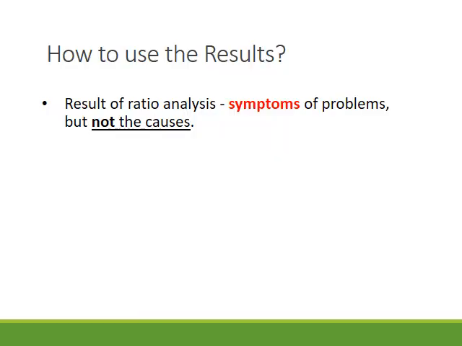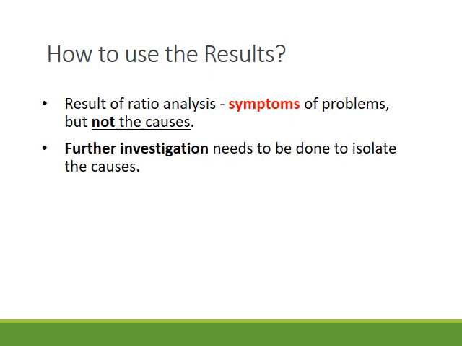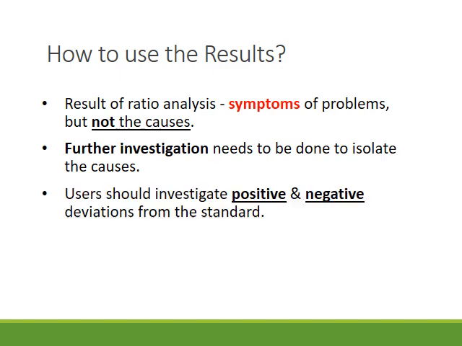How do you use the results? The results of ratio analysis tell you the symptoms of the problem, but not the cause. So further investigation needs to be done in order to isolate or identify the cause. Users should investigate both positive and negative deviation from the standard.